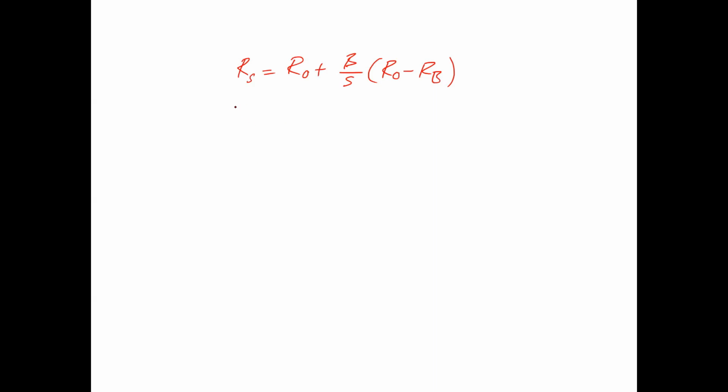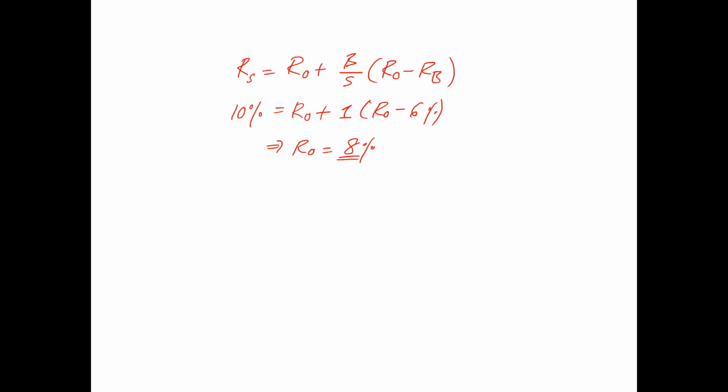We know that right now the equity holders want 10%, because the debt to equity ratio right now is 1, and we are trying to figure out R_0, and the cost of debt is given as 6%. If you solve for R_0, it works out to 8%, and that is your cost of unlevered equity.